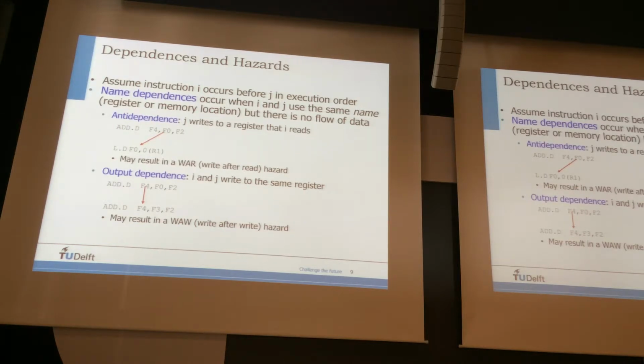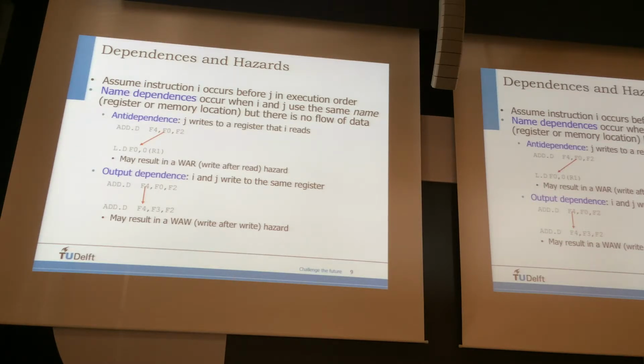Then I can execute the add at the same time as the load only if I protect F0 before changing it. If I take F0 and store it somewhere in the ALU and then start the execution, I can also start the load. Otherwise, if I change the order, I may do an add on the wrong value of F0 due to the load. Then this is not a true, logical dependency, it's just an artifact.